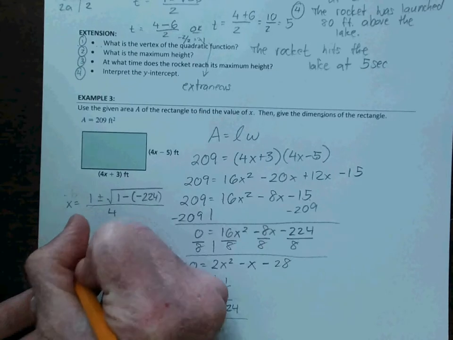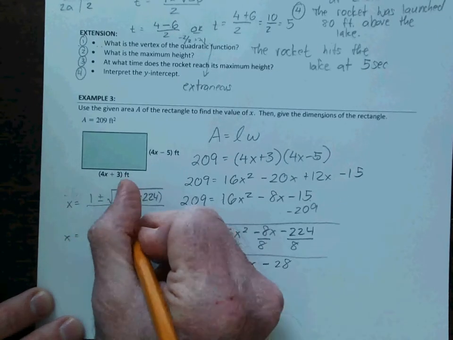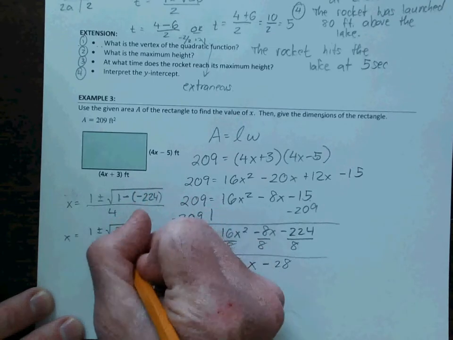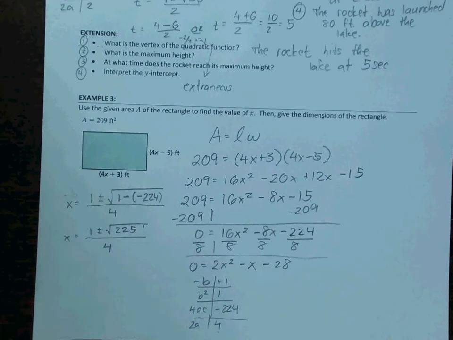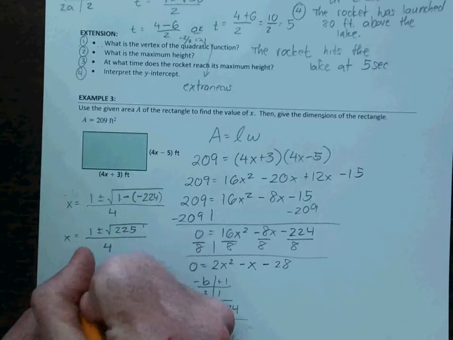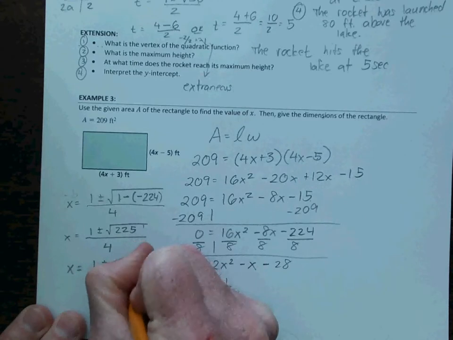So x is equal to 1 plus or minus the square root of 1 plus 224, which is 225, all over 4. 225 is a perfect square. So x is equal to 1 plus or minus 15, all over 4.